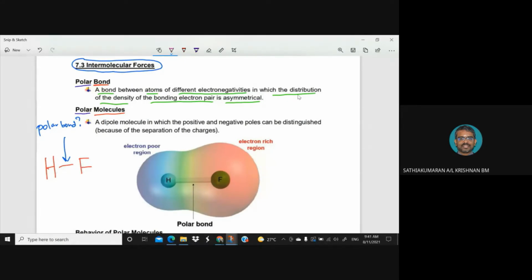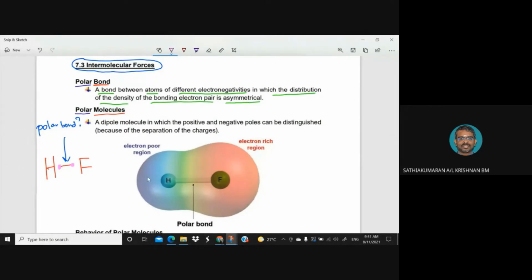So the distribution of the density of the bonding electron pair, which one? This one, here is the bonding electron pair. So the distribution of this density of electron is not symmetrical, it is asymmetrical.